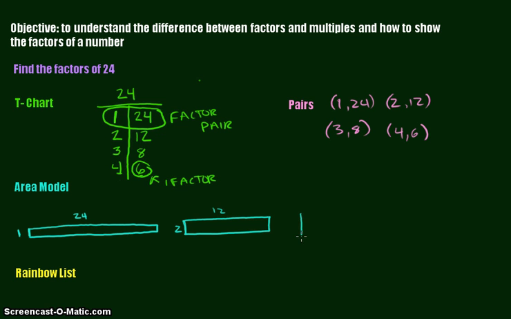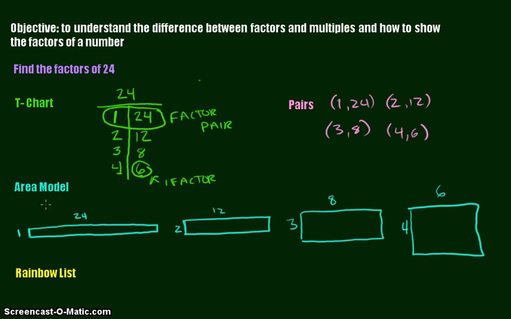This is a lot better on graph paper, but you get the general idea when I draw it like this. 3 times 8, and 4 times 6. And I could draw another one where it was 8 long and 3 wide, but I'll just go ahead and keep them like this, and they can turn either way.